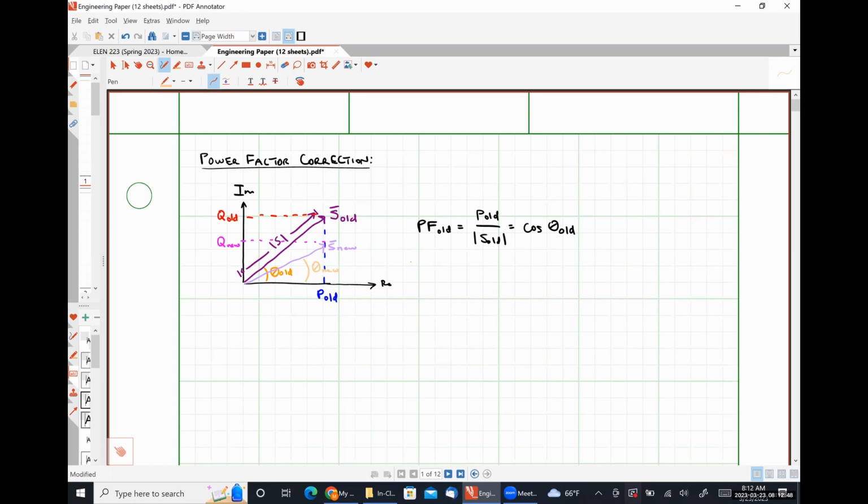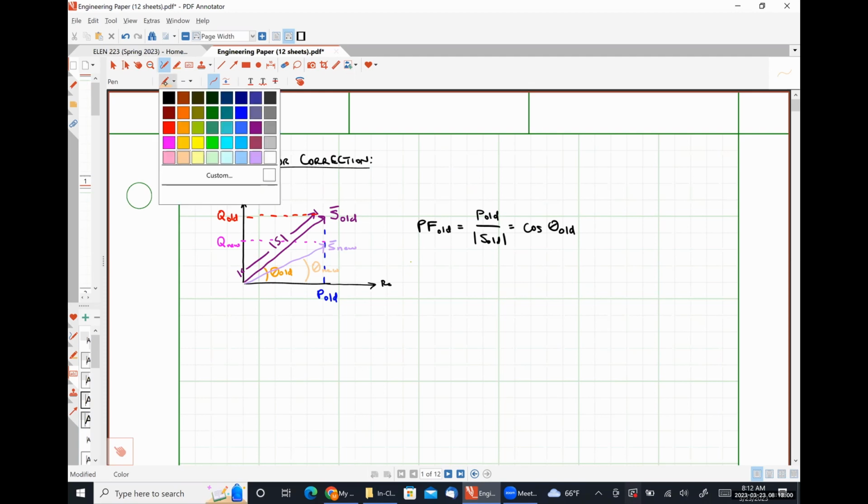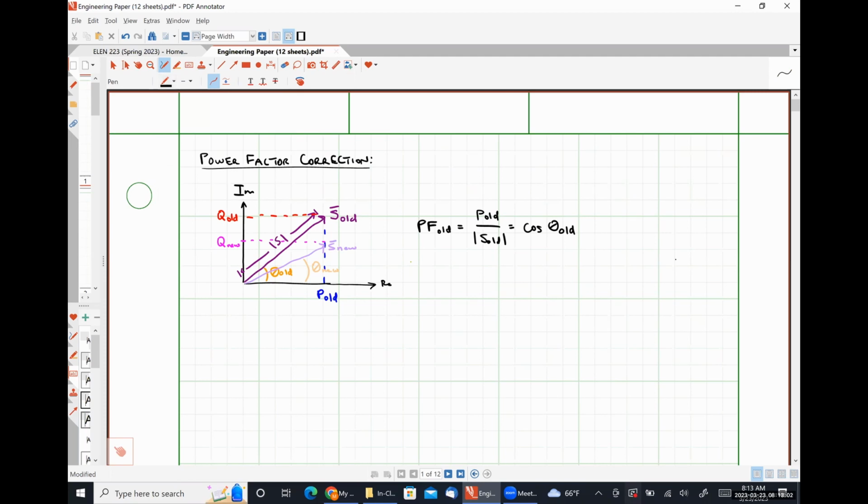So this begs the question, how do we lower the reactive power that's absorbed by a load? So let's look at a couple of different things here.